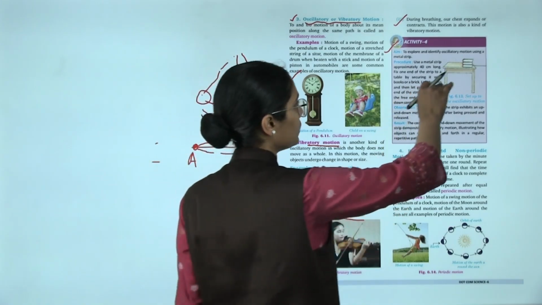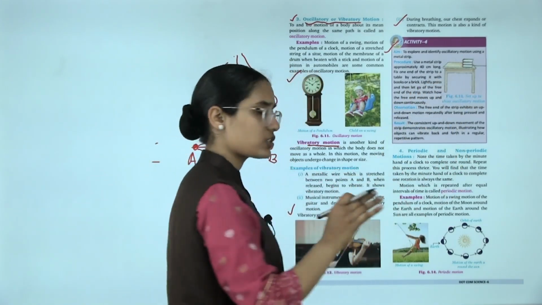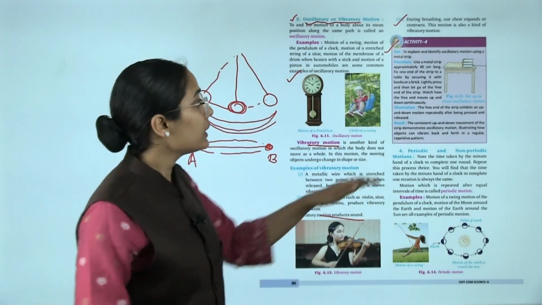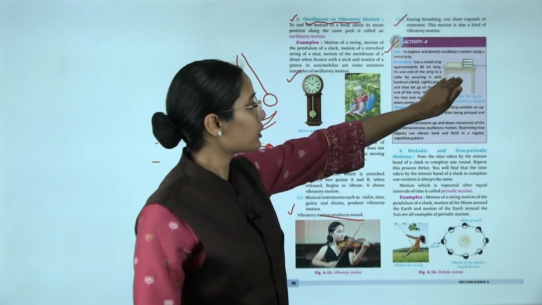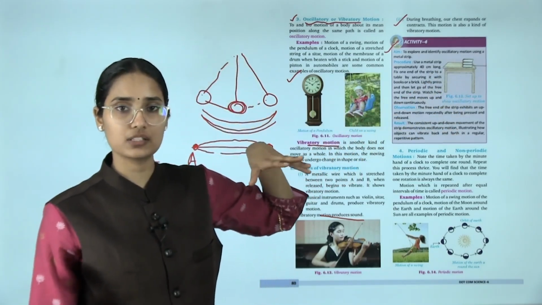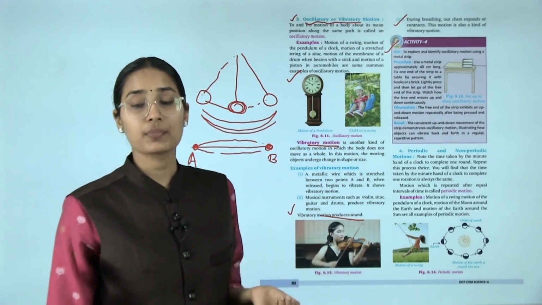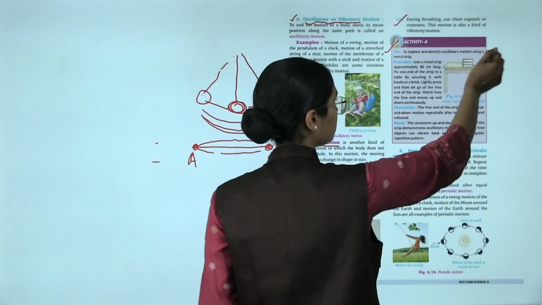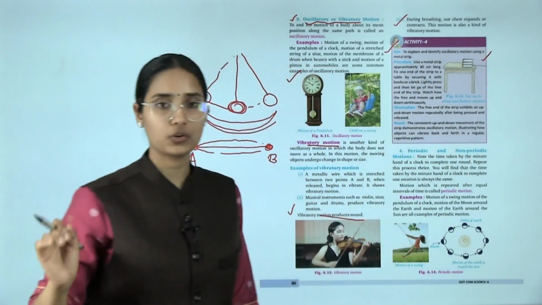You can also take a bigger metal scale and place it on the table. Make sure you keep one end of the metal strip static using books, and make sure the other end is free.